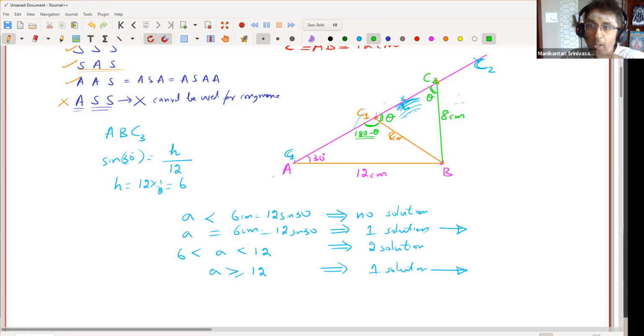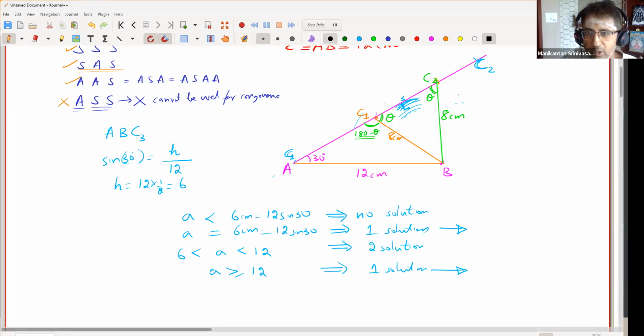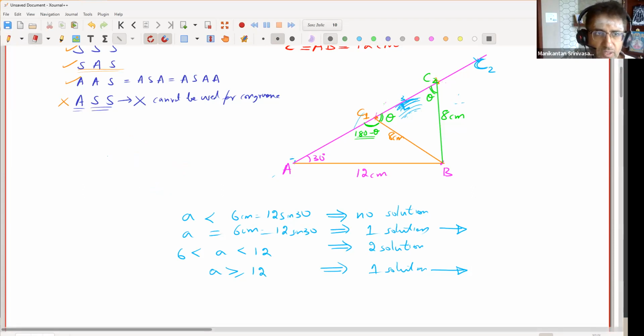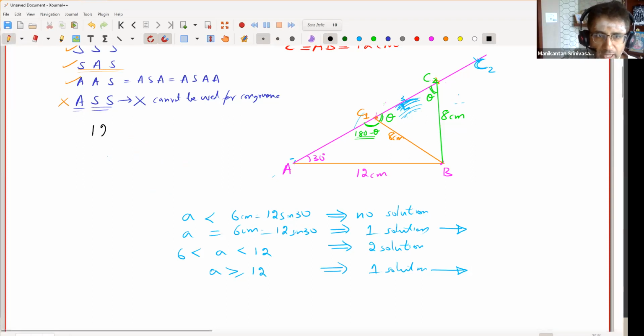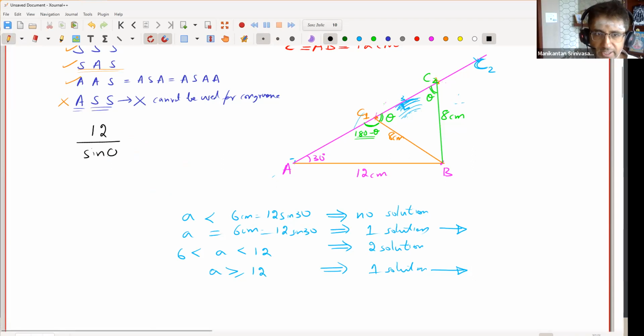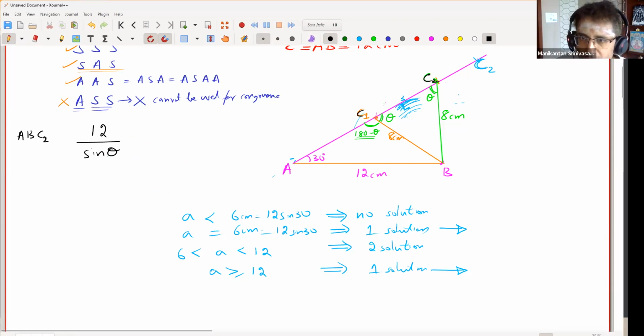Okay, so technically, you don't see a violation of your sine rule. Why? Because in both the triangles, you still have the property that, if I'm looking at the sine rule, 12 upon sine theta, if I'm looking at triangle ABC2, sorry, this is C2, and this is C1.